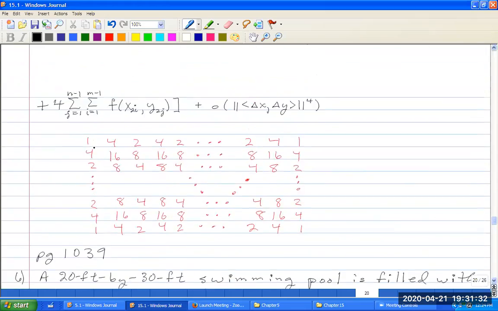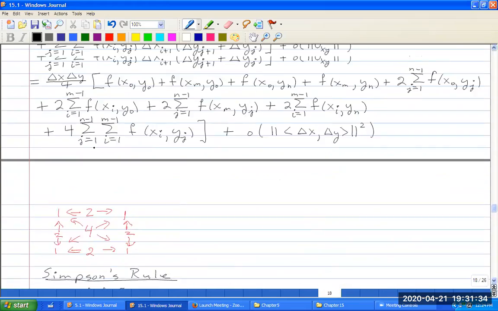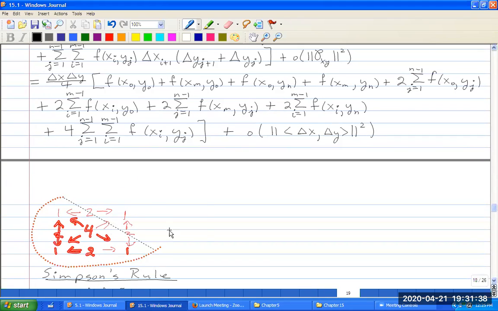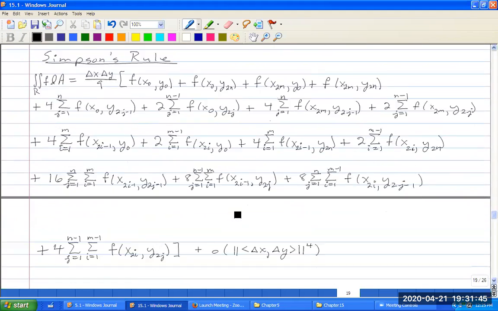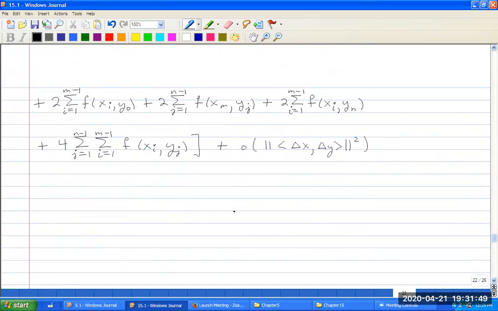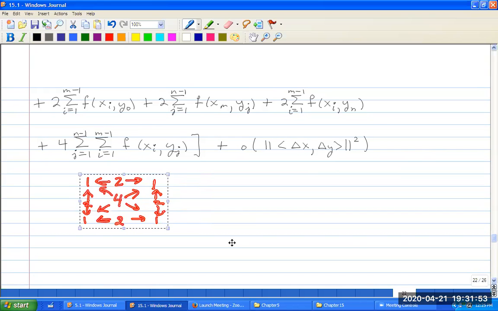Let me copy this picture, because the picture is worth 1,000 points, and it's so much easier than the formula. So let's just do the picture and figure it out from there.